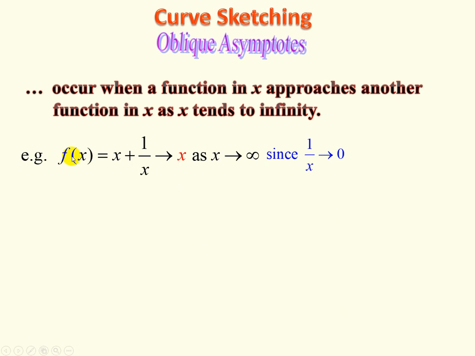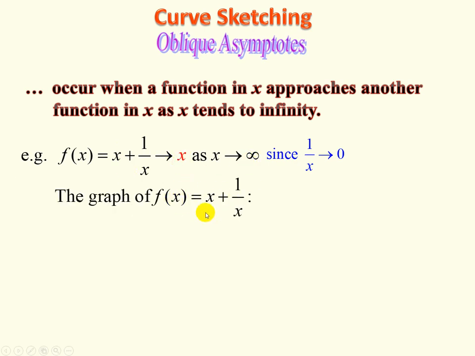There, approaching 2x plus 1 as x tends to infinity. So let's have a look at a function. f of x equals x plus 1 over x. Now notice that it has two parts. It has 1 over x, which in fact tends to 0 as x tends to infinity, and then it has x, which by the previous screen tends to x as x tends to infinity.